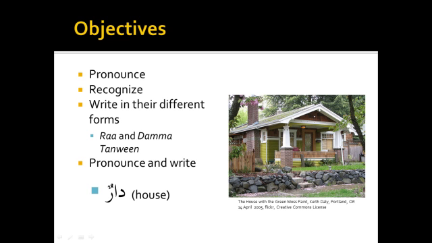So in this lesson we have 4 main objectives again. Our first objective is to pronounce the letter Ra, and we'll write it like this in transliteration, Ra, and the Damma Tanween. So these are the two letters we're going to learn about today.